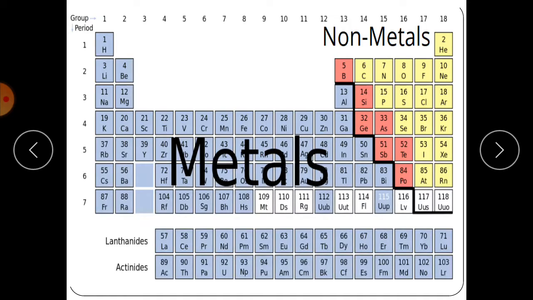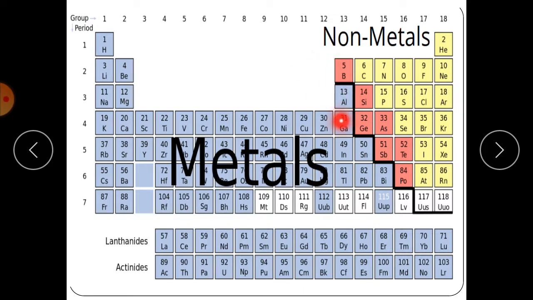So I told you that we are going to discuss metals and non-metals. You have studied the periodic table; I've already explained this in class. So this is the table, and this table is known as the periodic table. Now all these chemical substances from group 1 to group 12, you can see, and all these elements which are shaded blue are known as metals, and all these are non-metals.